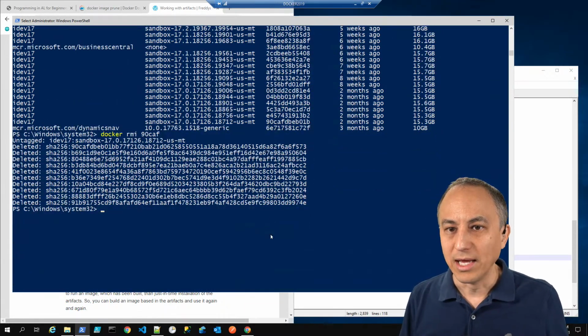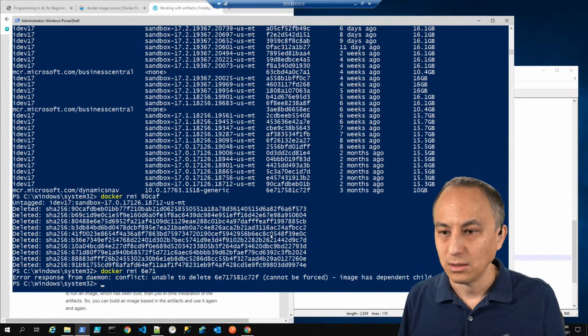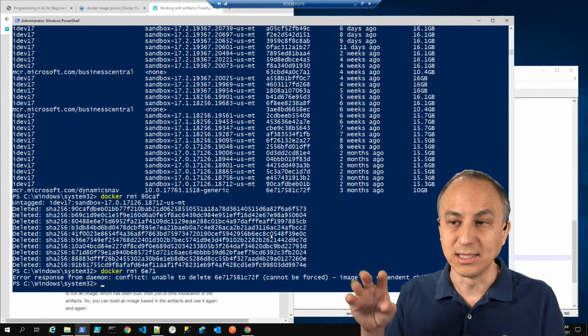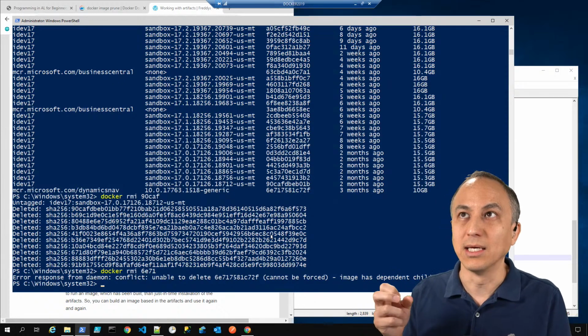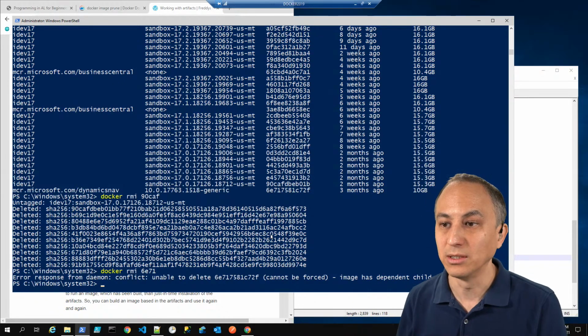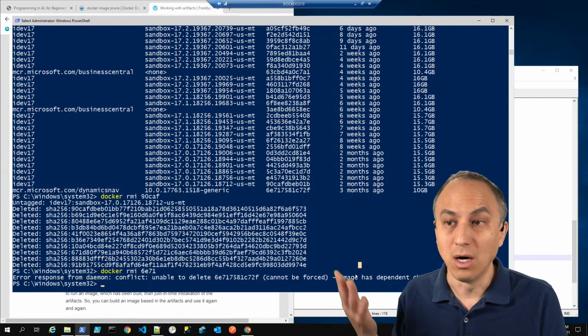And if I say Docker RMI 6E71, okay, so there's dependent images. So it could be that there are some dependencies in these older images, and even the Flush-ContainerHelperCache is unable to clean them up for some reason. Probably because I waited so long, who knows.